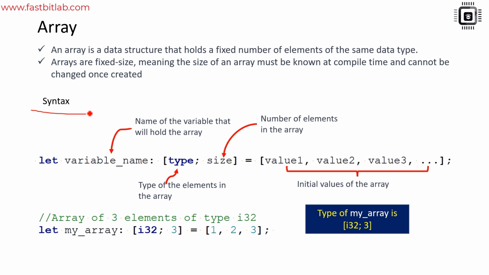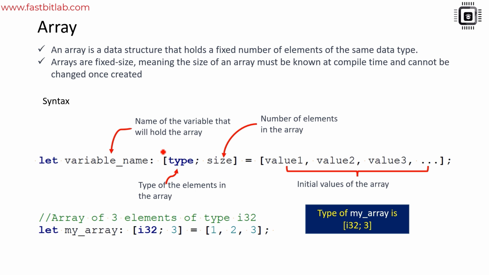This is the syntax of how you can define the array in your program. Again, start with the let keyword and the variable name. This is the name of the array, and you can mention the type after the colon if you want.